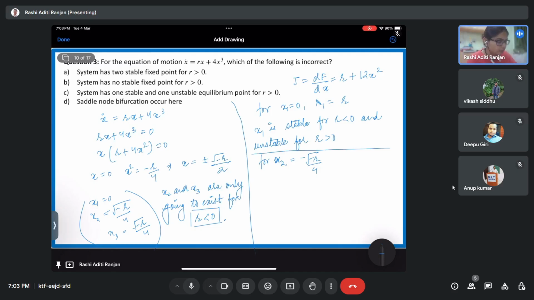Okay. So for this, if I want to find out how the stability is going to be, we'll have lambda 2 equals r plus 12 into, here it is going to be 2 and not 4, 2 whole squared.